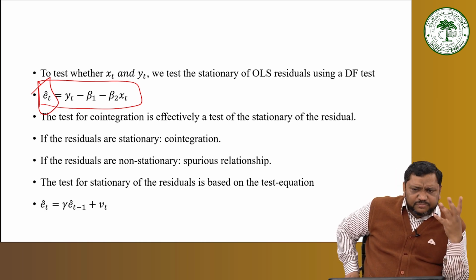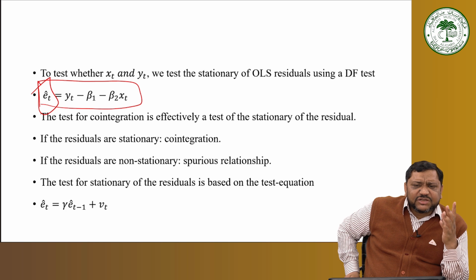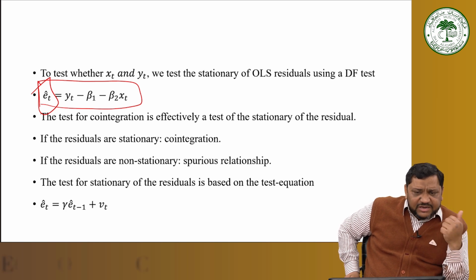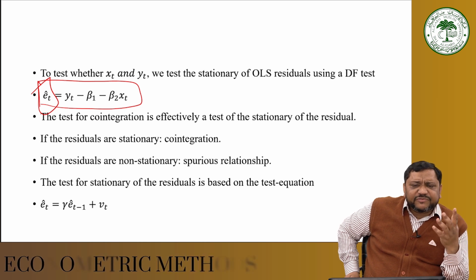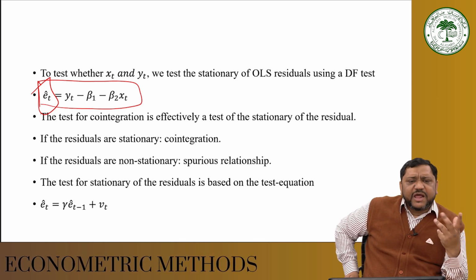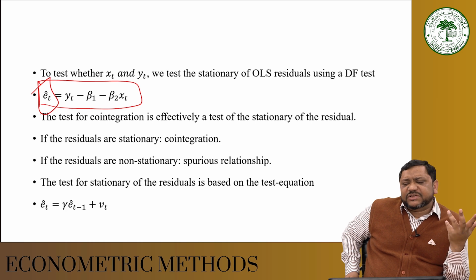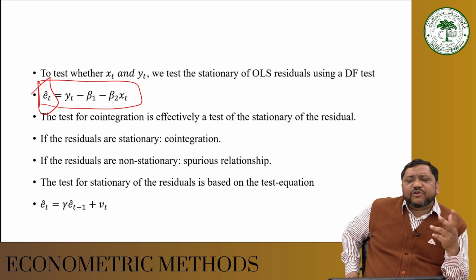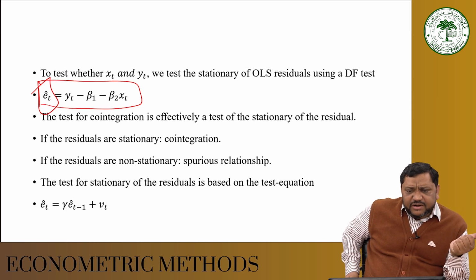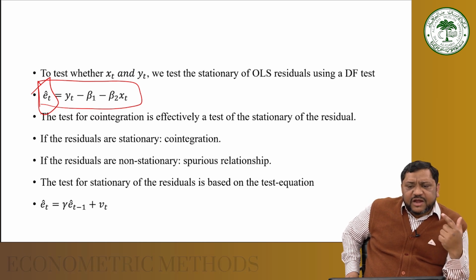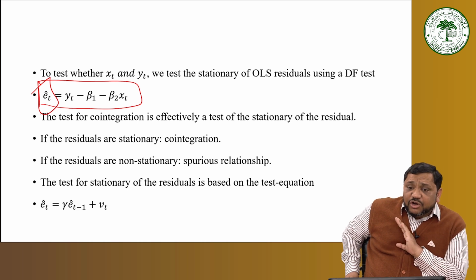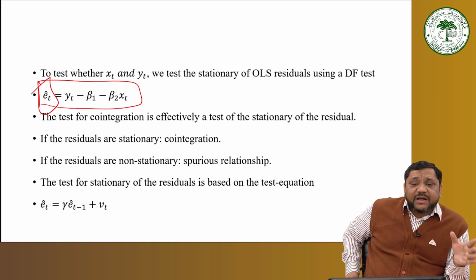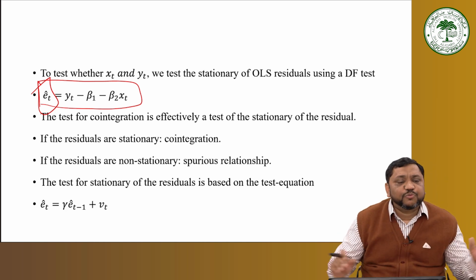Since we cannot obtain Et, we test the stationarity of the OLS residual, that is Et hat. Using a Dickey-Fuller test, the test for cointegration is effectively a test of stationarity of the residual. If the residuals are stationary, then Yt and Xt are said to be cointegrated. If on the other hand Et is not stationary, then we say that Yt and Xt are not cointegrated, and any apparent relationship between them is of a spurious nature.